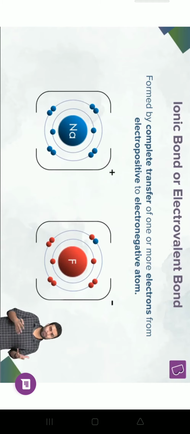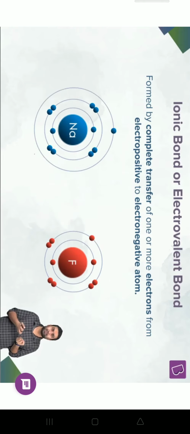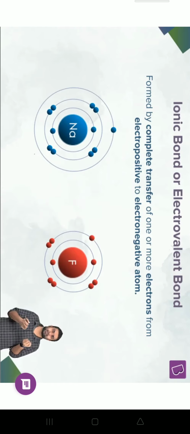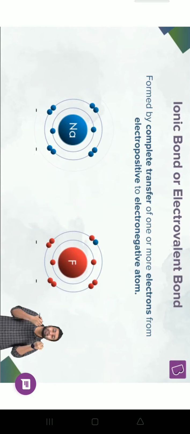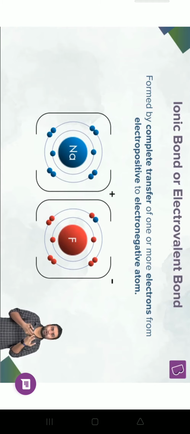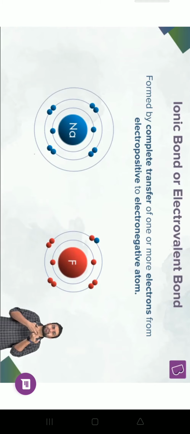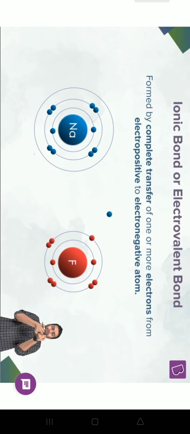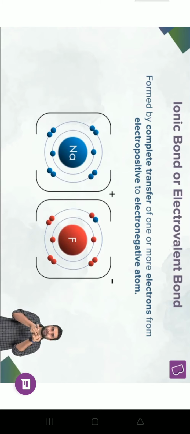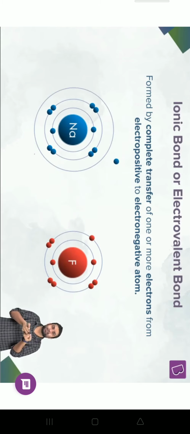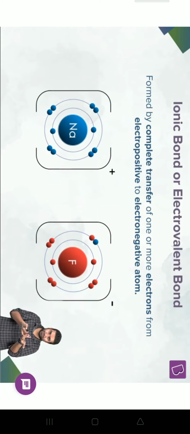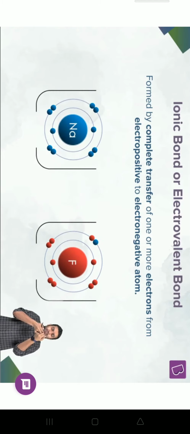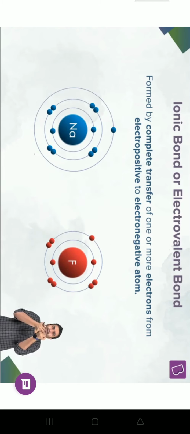And the attraction between the positive ion, the cation, and the negative ion, the anion, is the reason for the stability of this assembly, this aggregation of the two ions. And this attraction itself is called the ionic bond. Ionic bond is nothing but the electrical attraction between these two ions.